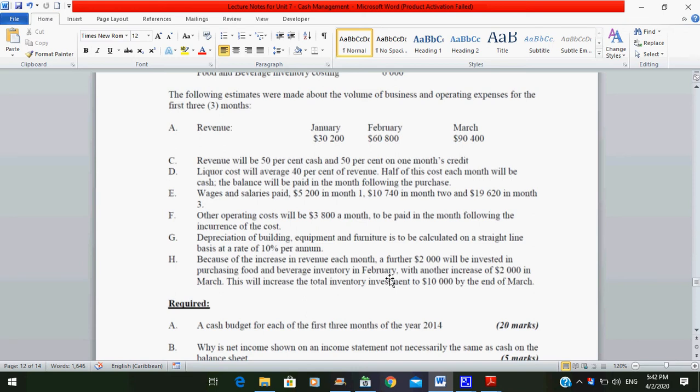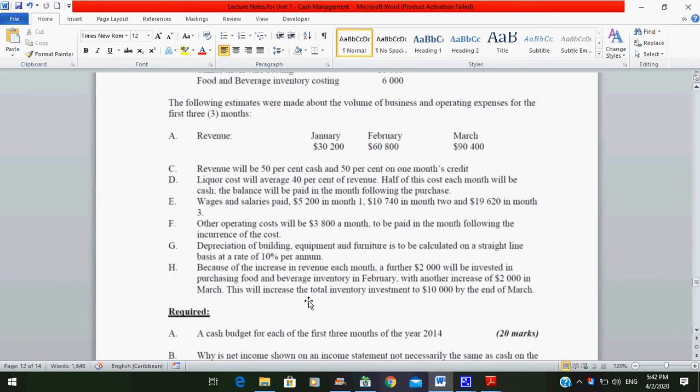Right, this will increase the total inventory investment to $10,000. So what it's saying is that these two, plus the 6,000 which was originally invested in January, will give you $10,000 overall. That's all it's saying. All right.